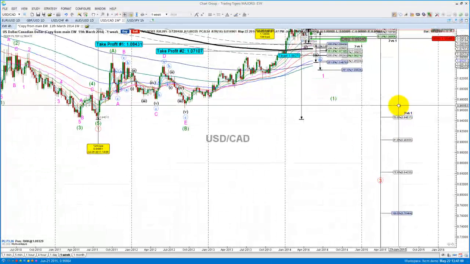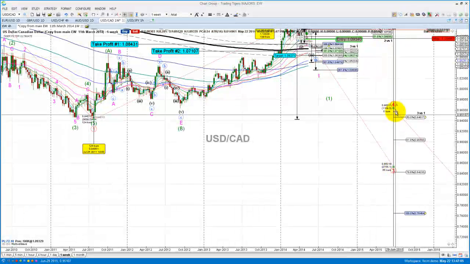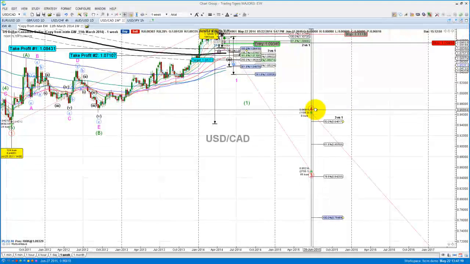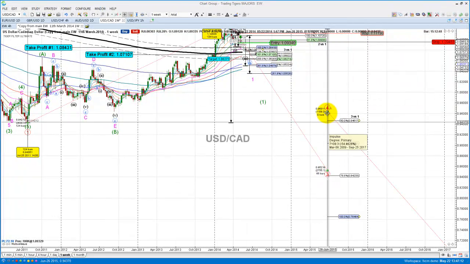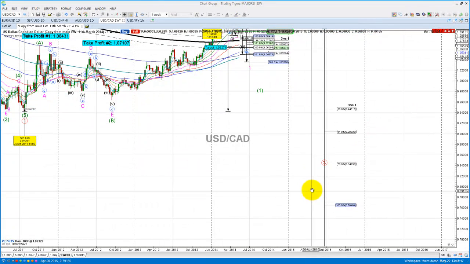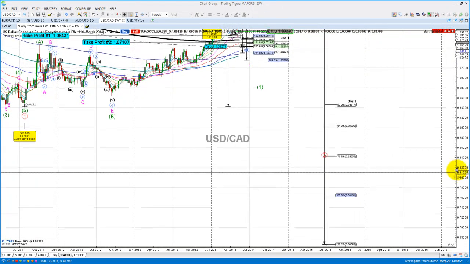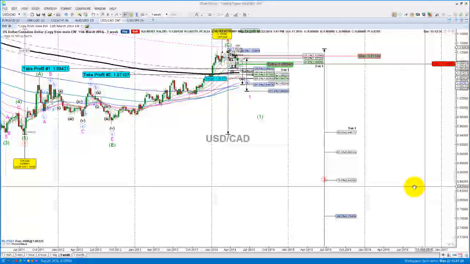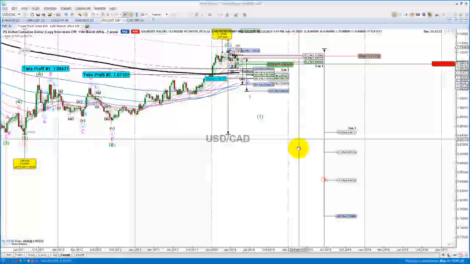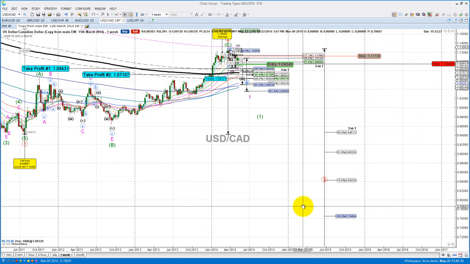Projections, of course, are only projections, and price can do anything it wants to do. So for the 78.6 level, these are areas where price probably will shoot to, so we could put potential trades in play around the 50, 61, 78 and 100%, and just take out those levels as they come through.